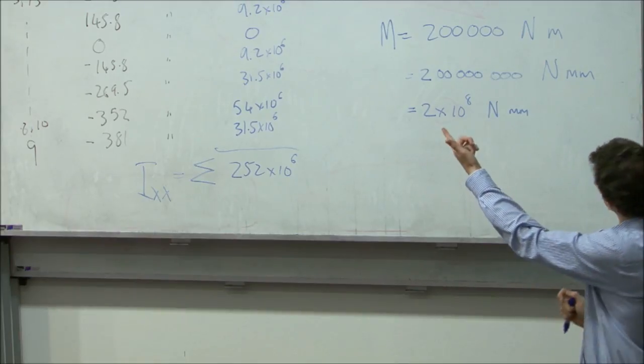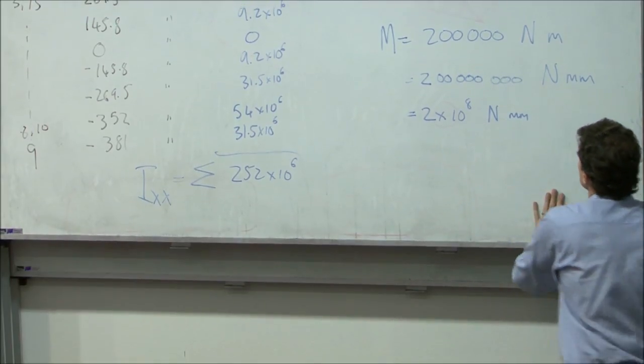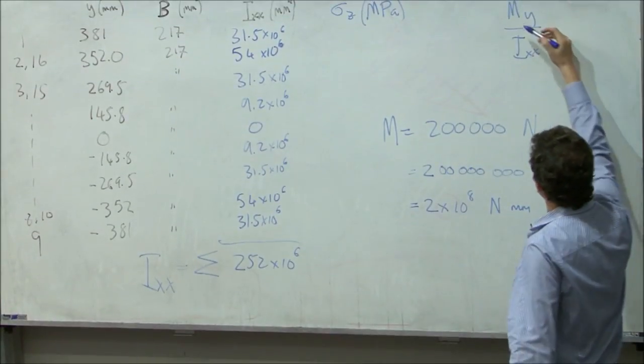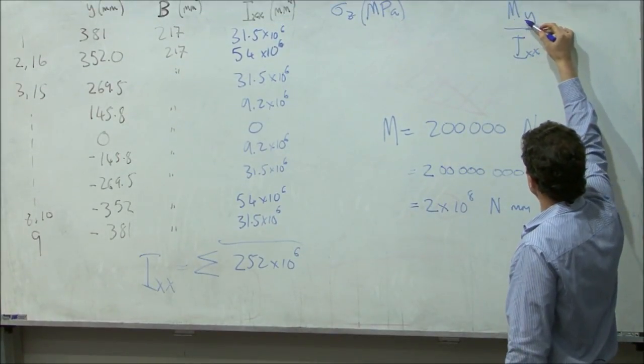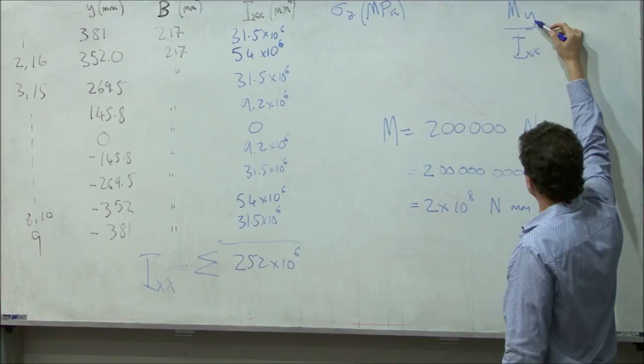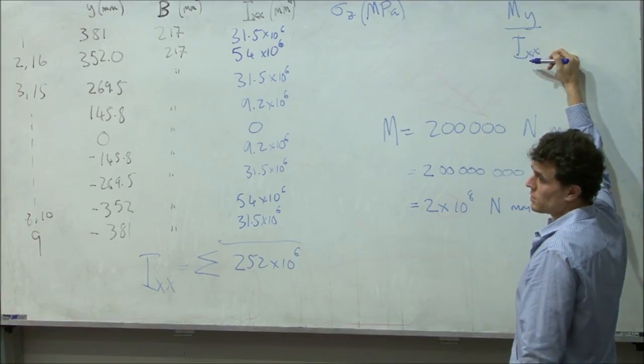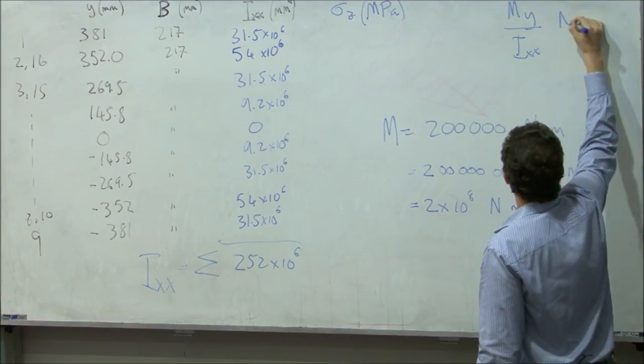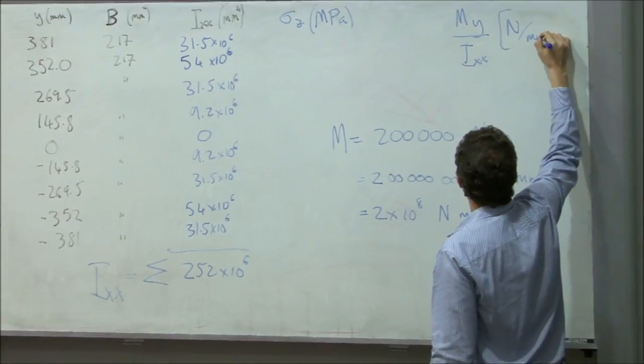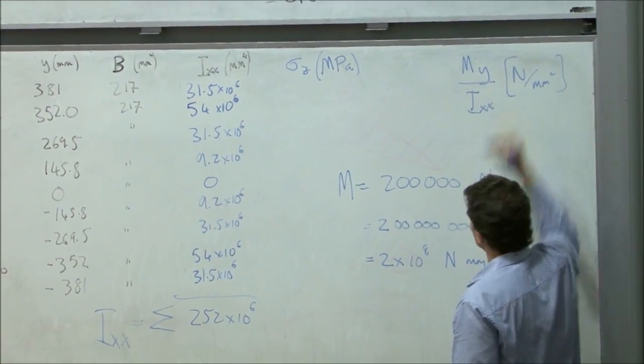Our y is already in millimeters. So on top we're going to have Newton millimeters, so we're going to have Newton millimeter squared divided by millimeters to the 4th, which is going to give us newtons per millimeter squared.